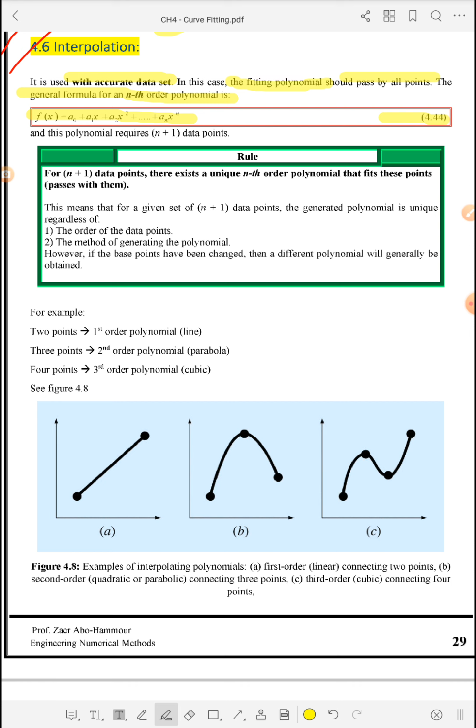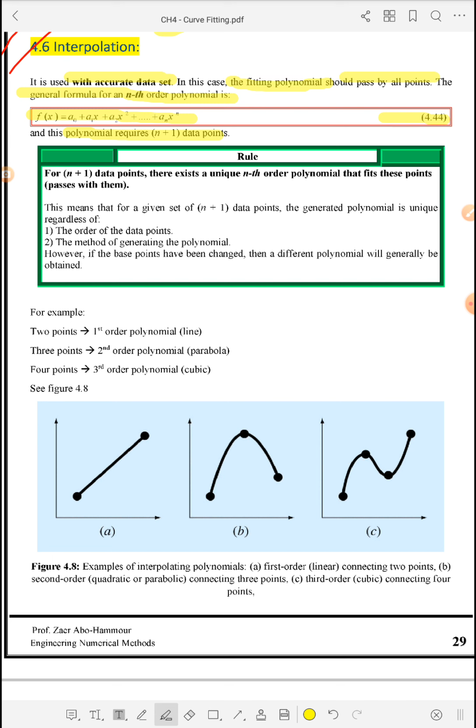If we pay attention to this polynomial, it's obvious that the coefficients are a0, a1 till we reach an. So the number of coefficients for an nth order polynomial is n plus 1. And in order to solve this polynomial uniquely, we need n plus 1 data points.